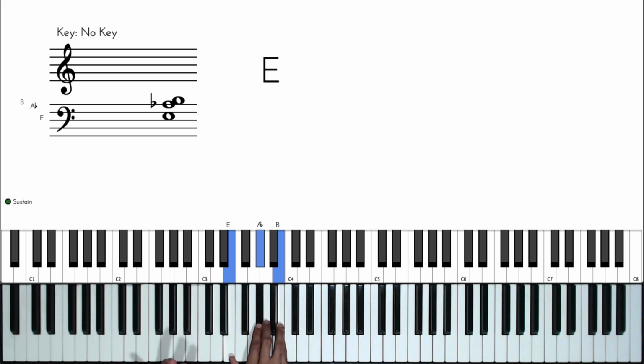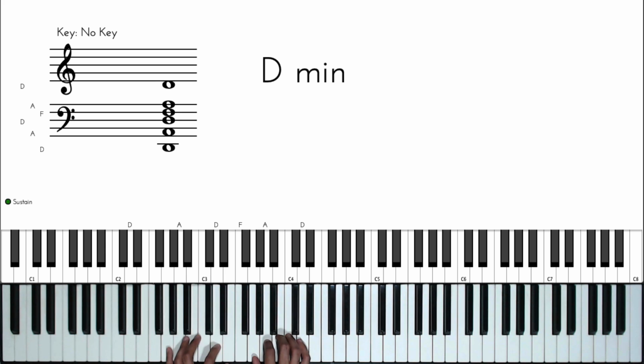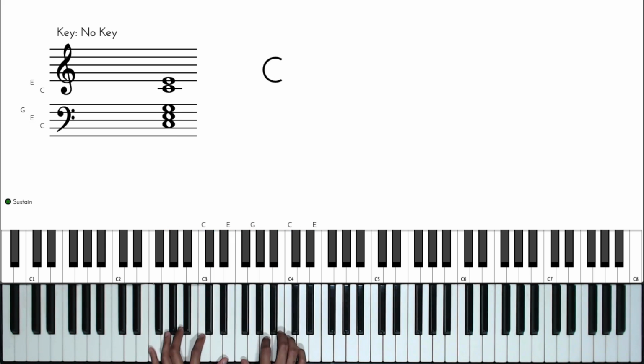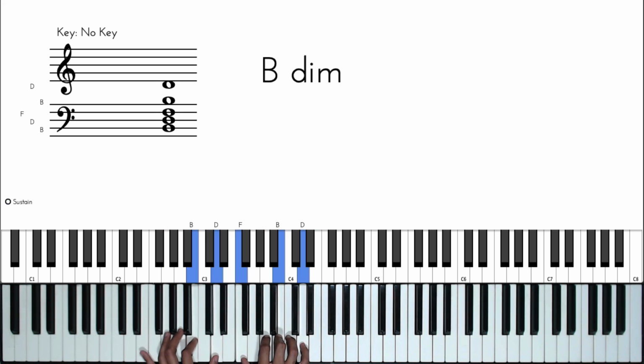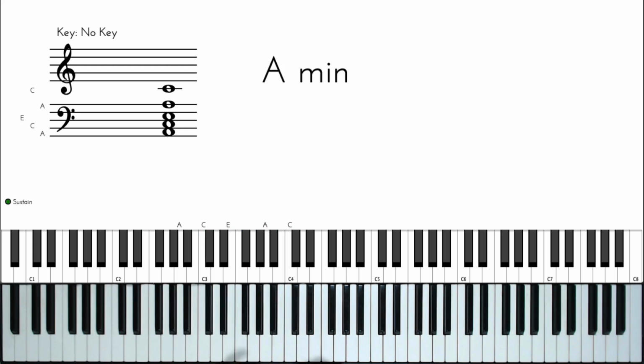That G sharp wants to resolve or basically move up to the A, right? So same thing for that B. B wants to move up to the C, and G sharp wants to move up to the A. So that's why when we play it with the E major, it sounds slightly better or more something that we're more used to, right? So D minor, G, C, F, B diminished, and then this E resolves to the A minor in a more natural way, right?